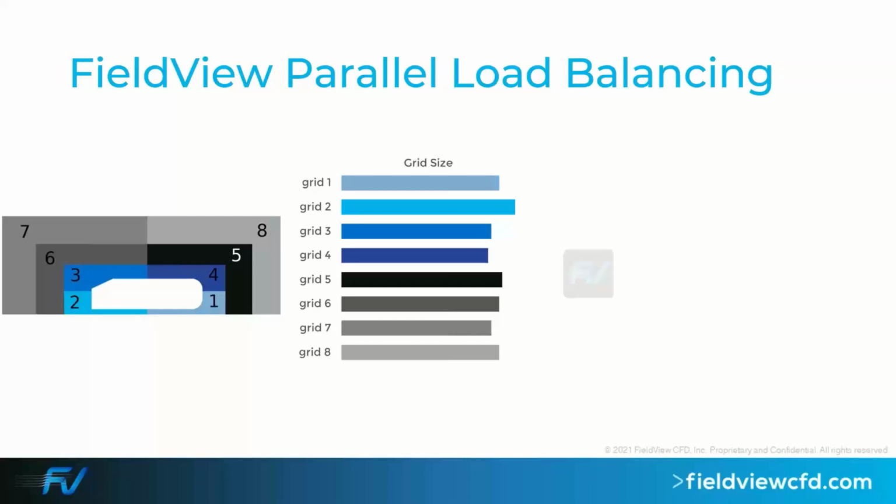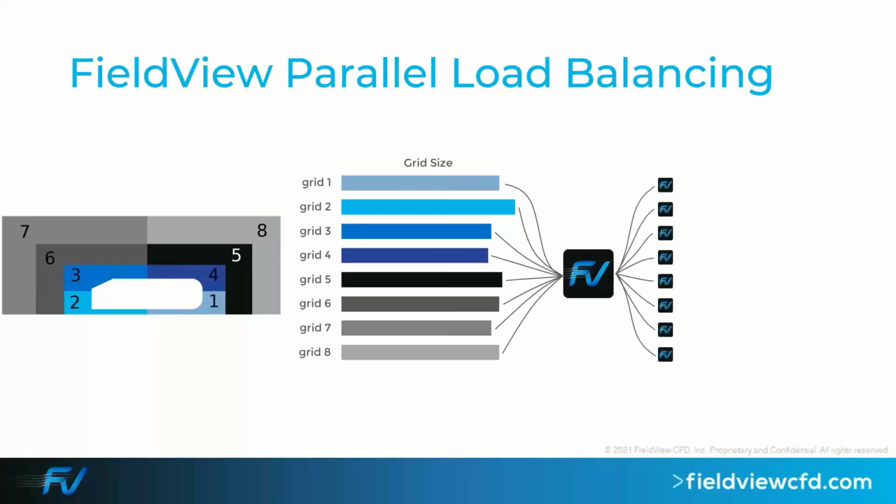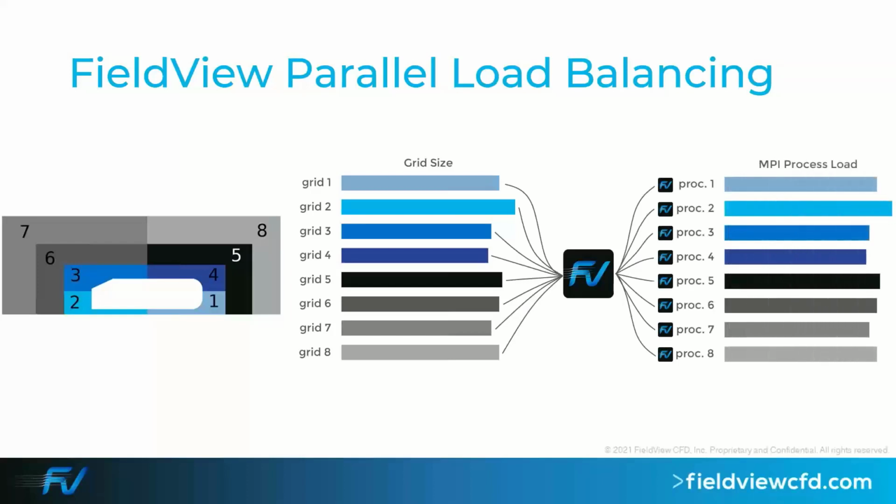FieldView uses that to read the case in parallel using MPI, and the grids get sent to various FieldView parallel server processes. The MPI process load is a direct function of the number of nodes in each one of the grid blocks. Here we're looking at an ideal case. You have 8 grids, I'm running on 8 processes, so you have a perfect match. But this is just to define the convention.